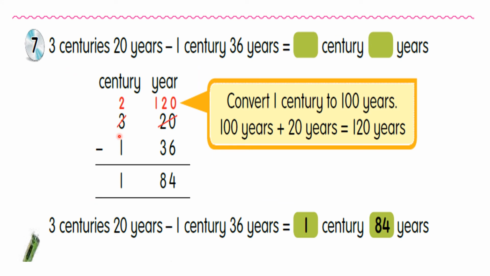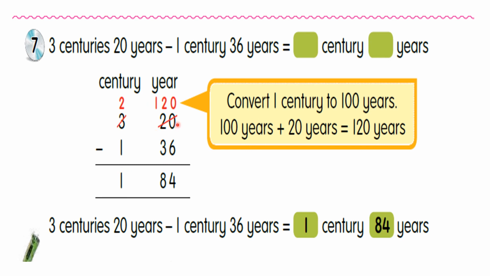Okay, now the last example is centuries and years. The formula is 1 century equals 100 years. That is, convert 1 century to 100 years. So teacher is going to do it here. Write century, year here, then 3 centuries, 20 years, minus 1 century, 36 years.